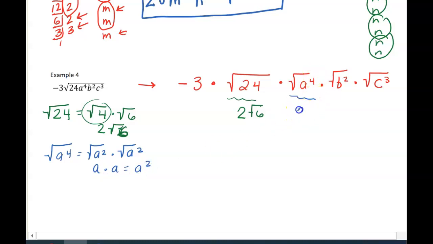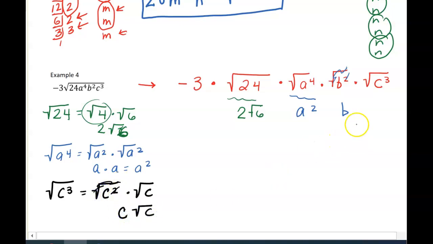The square root of b squared, once again, the square root and the square cancel each other out because they're inverses, so this is just b. And the square root of c cubed is the square root of c squared times the square root of c. The square root cancels the square, so this is just c times the square root of c.